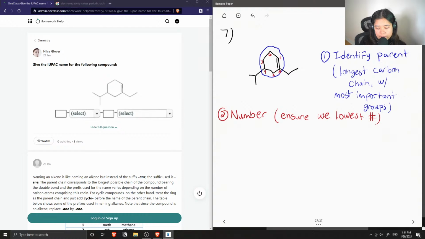And the next step is to identify our substituents. So here we have a 2-carbon chain. So this is known as ethyl.